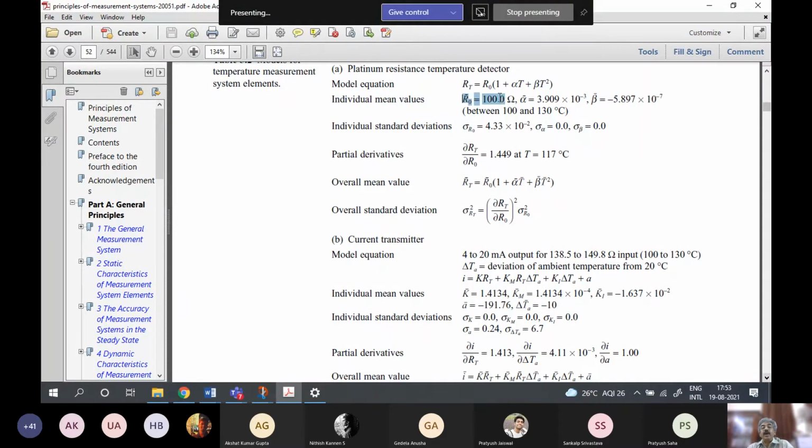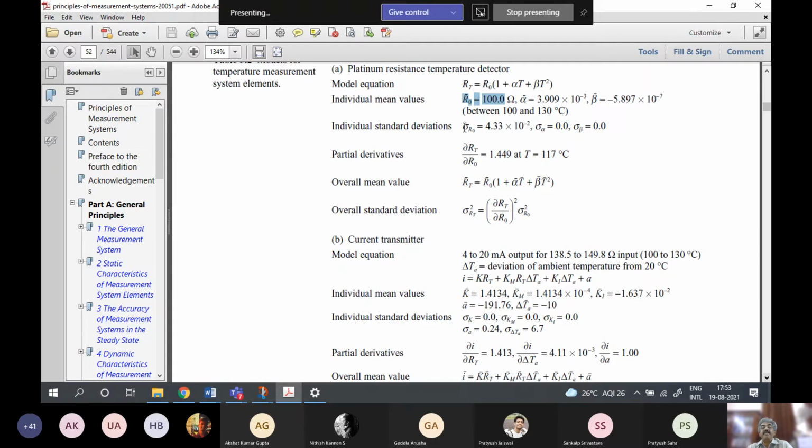So this is a mean value, but the manufacturer has stated that there could be variation because of the purity of platinum that is being offered. There could be a variation in alpha and beta. The mean values are these, but in this case they are saying that alpha and beta do not change, but this R0 value, the R0 value of 100, can change.